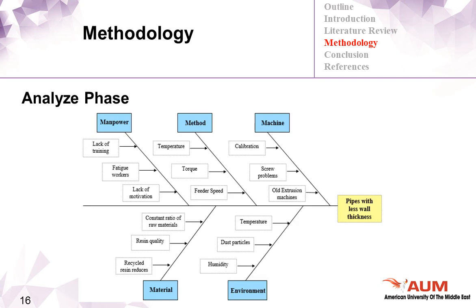We drew an Ishikawa diagram to understand the different causes of our wall thickness defect. After looking deep into the production process and talking to the company, we understood that torque and feeder speed are the 2 factors that are highly related to wall thickness and might cause these defects.